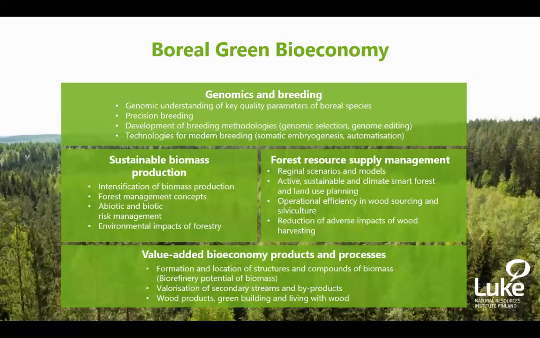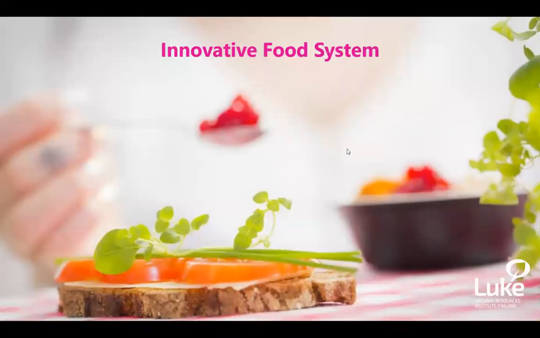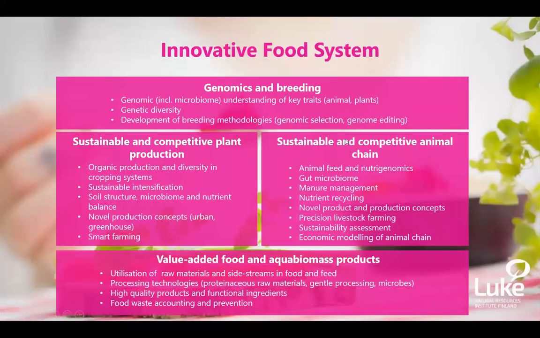Then the next focus area of research is this innovative food systems, and in practice this covers a lot of agricultural and food research. This genomics and breeding you can see again here, because it's that kind of a topic that goes through most of these big areas. So genomics and breeding is present in many of these.